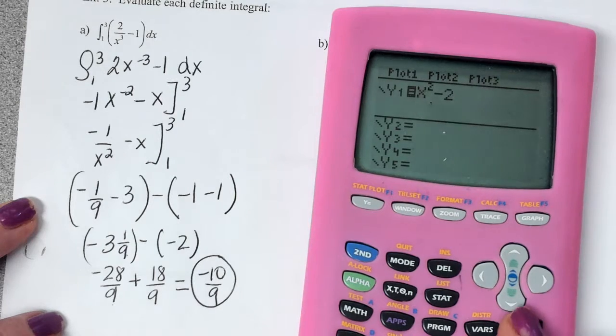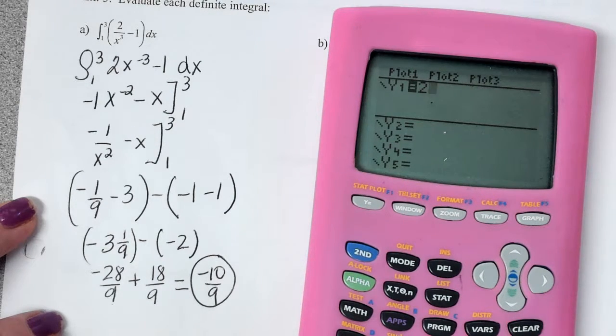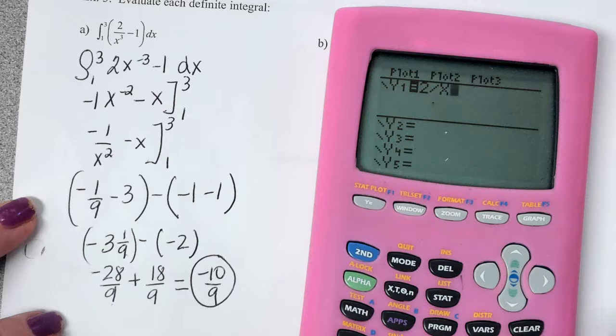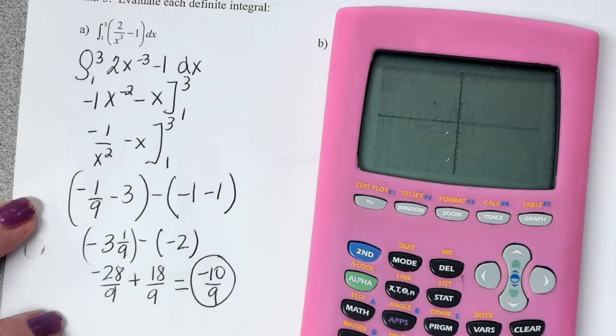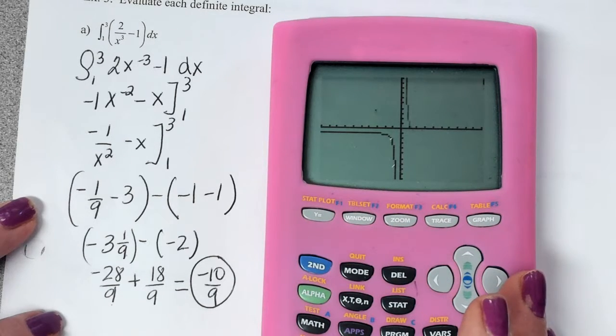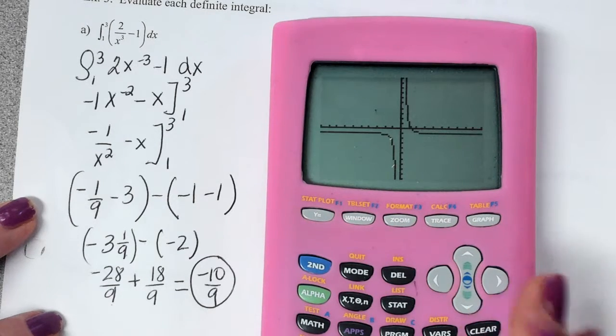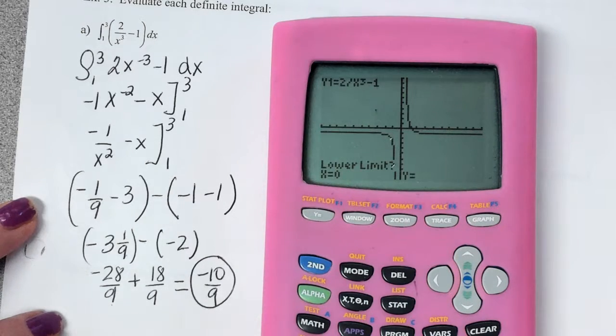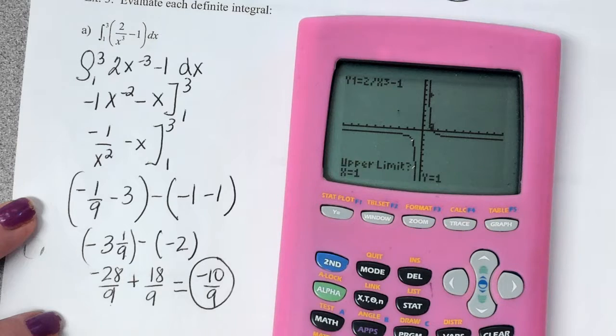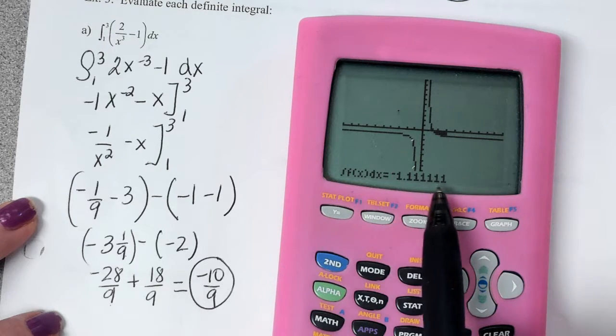If we feel like we might have done something incorrectly, 2 divided by x cubed, minus 1, zoom 6. Here's the way it looks. We're trying to calculate that integral from 1 to 3, and so I get negative 1.1111.